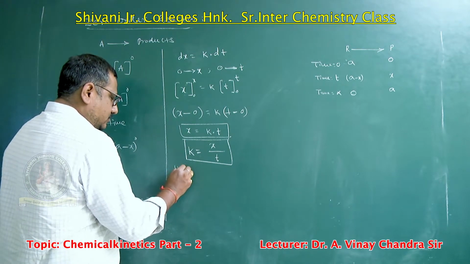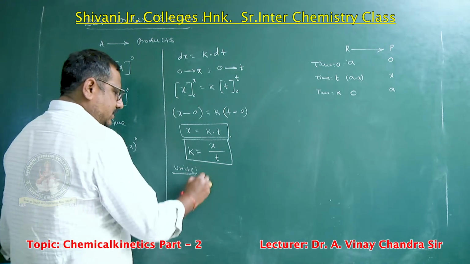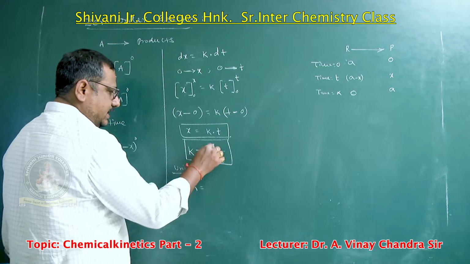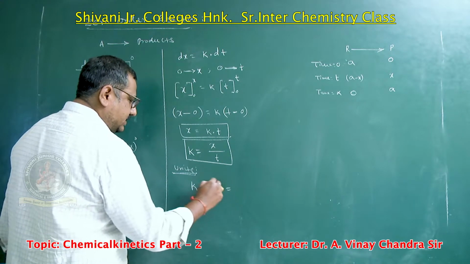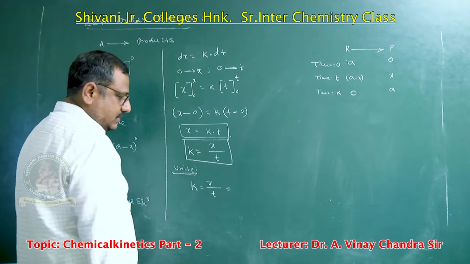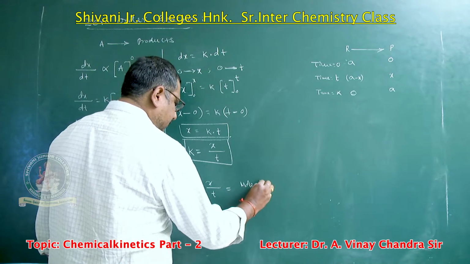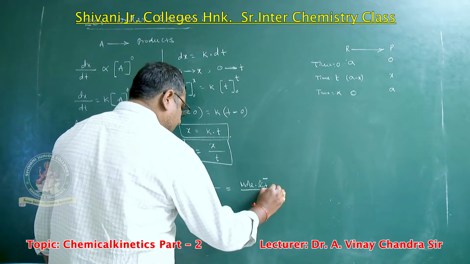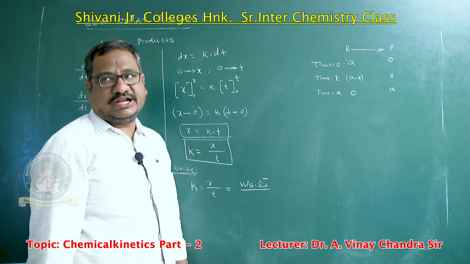Now the units for the zero order rate equation. K is equal to x by t, where x is the concentration, represented as moles per liter. For time, you can take seconds, minutes or hours, since these are moderate reactions.